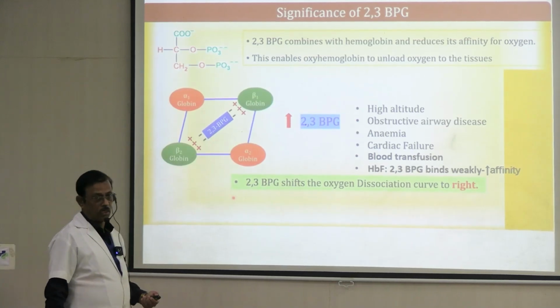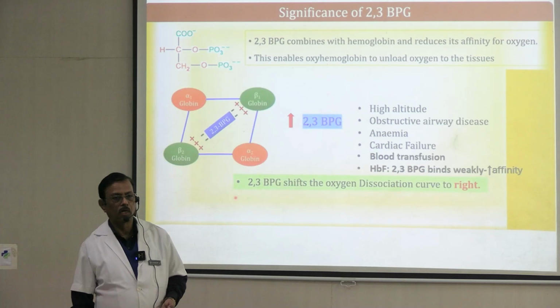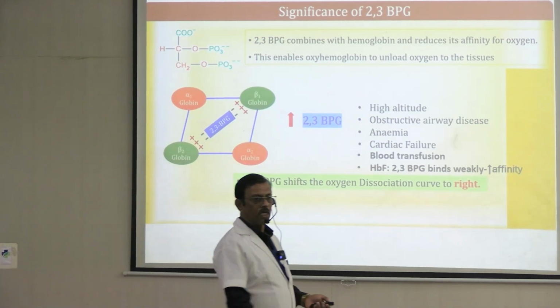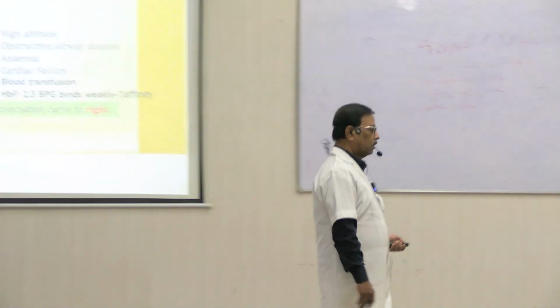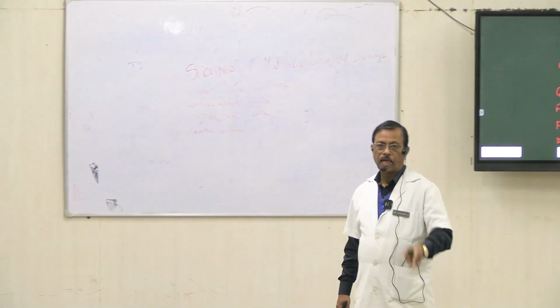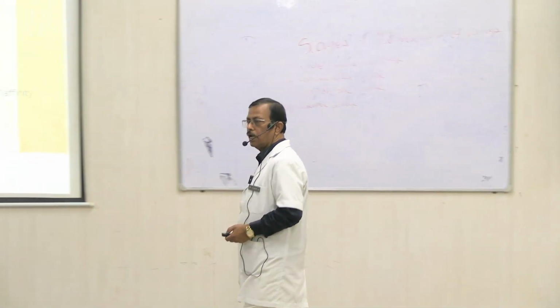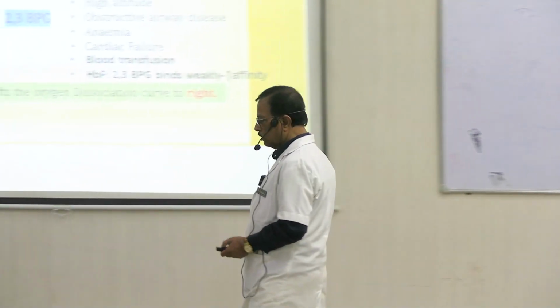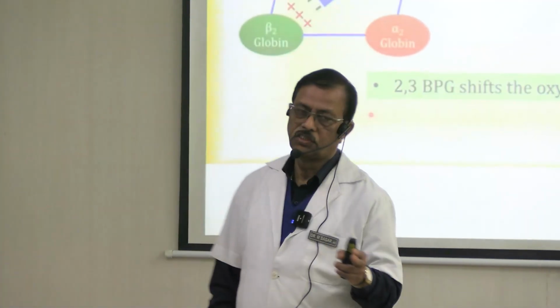Blood transfusion: long storage of blood in acid citrate dextrose medium, an acidic medium, destroys 2,3-BPG. So to prevent destruction of 2,3-BPG, we add inosine. This is a nucleoside.